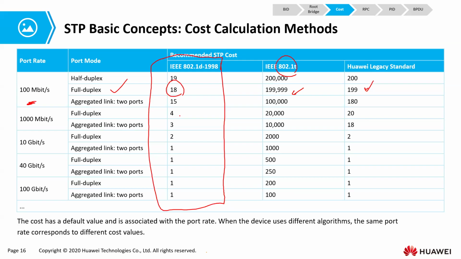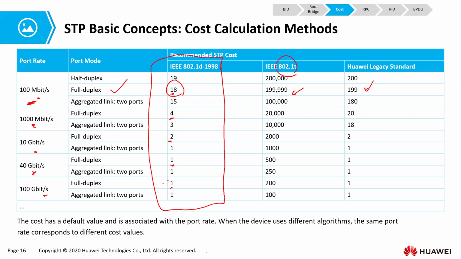All right, so what you're looking at are default costs for specific ports. A port of 100 megabits per second, full duplex, has a cost of 18. At 1 gig, the cost reduces to 4. At 10 gig, it reduces to 2. At 40 gig, the cost is 1. At 100 gig, the cost is still 1.